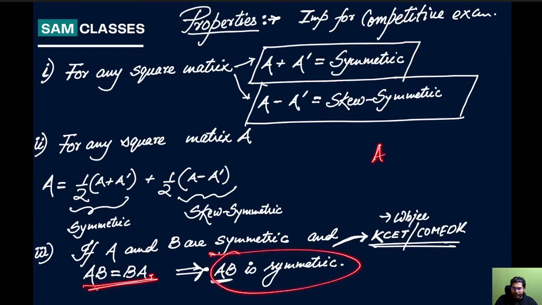A and B both symmetric, and if you multiply A and B, or B and A, both are the same, it means that AB has to be symmetric only. Clear? Very important. You can keep that in mind.